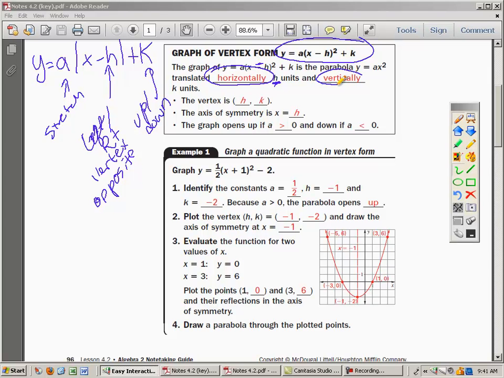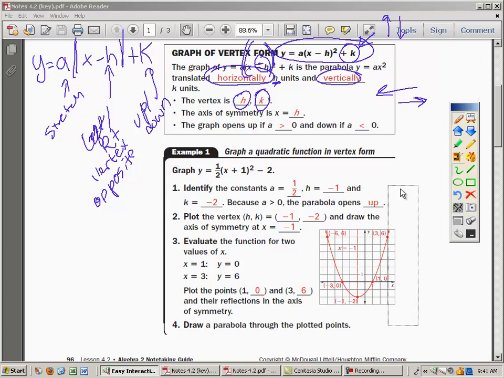Then it's shifted vertically whatever this k number is on the end. So again, this number inside of the grouping symbols, last time it was inside the absolute value, now it's just the number inside the parentheses, tells us whether our graph moves left or right. The k on the end tells us whether it goes up or down. So the vertex is going to be shifted right or left however many h is, and then up or down whatever k is.